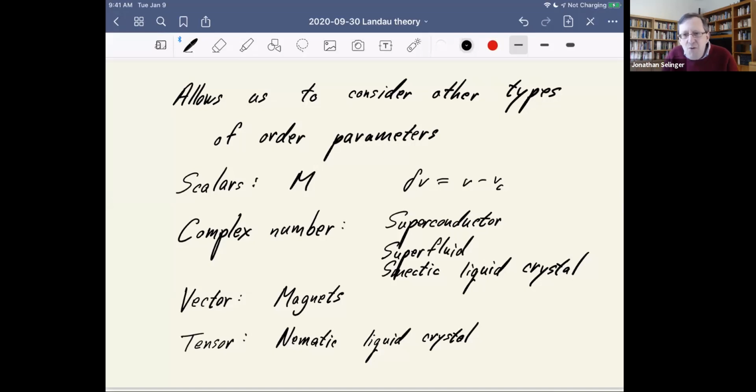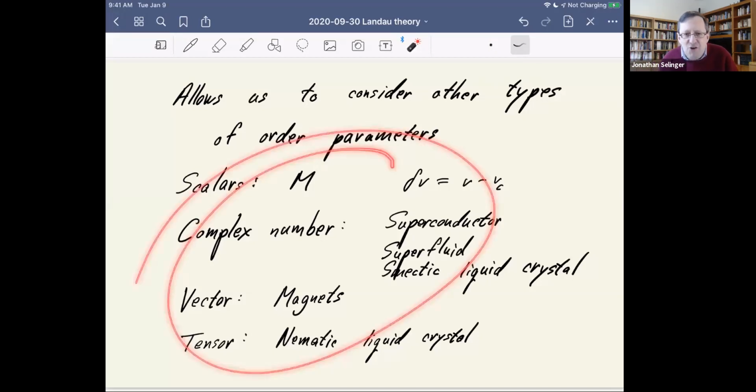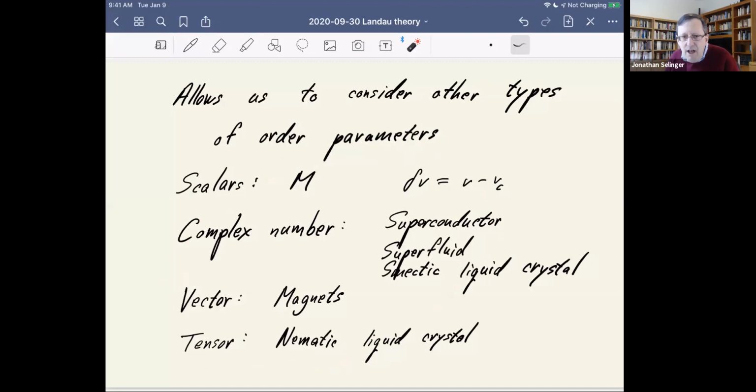And so we want to figure out how we can make a real scalar free energy out of whatever sorts of mathematical objects we're working with. This is the basis of a lot of what theoretical physicists do.